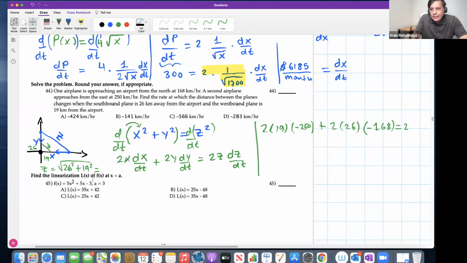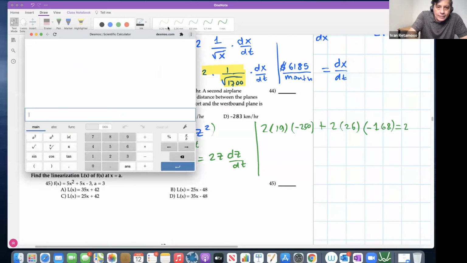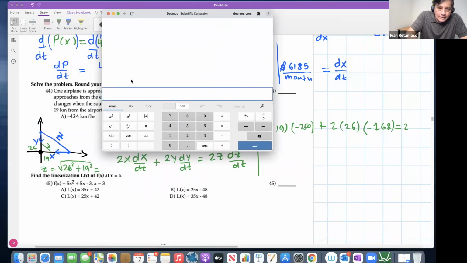And we can even calculate that so we don't have to put the whole thing in there. Using your calculator, you can get this guy here this way. The square root of 26 squared plus 19 squared is 32.202, let's say 3 digits.